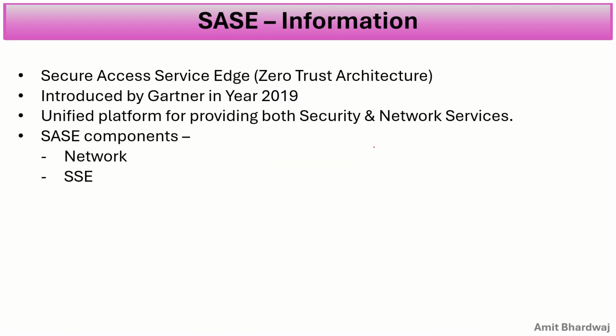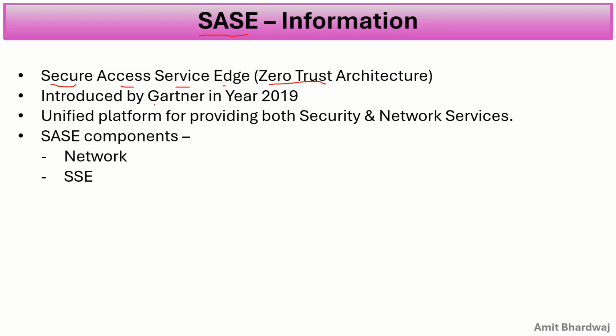Now a brief overview of the different terminologies in SASE. SASE, as we read earlier, is Secure Access Service Edge, and it is based upon zero trust architecture. That is, only legitimate users will be allowed access, and the rest will be dropped or not allowed to communicate.